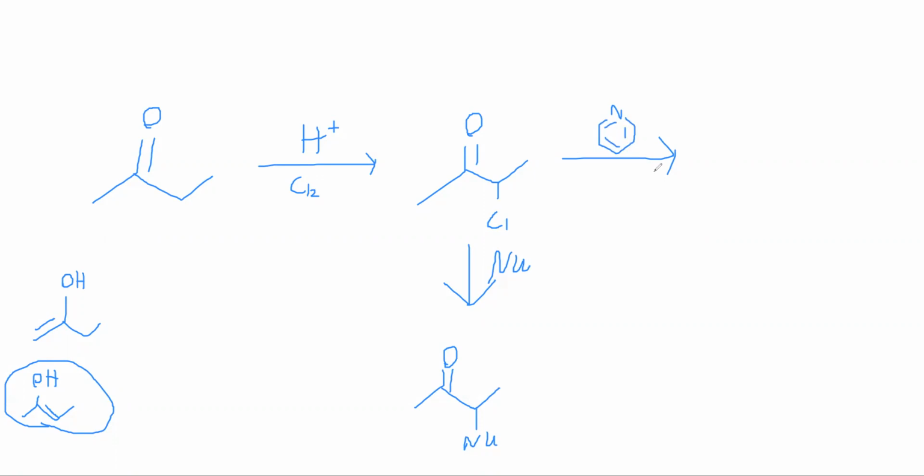But you have a base like pyridine, and that can do an E2 reaction to form a conjugated carbon-carbon double bond, and then you can do more stuff with that, like conjugate addition or Michael addition, as we'll see. There's a lot of things you can do once you add a halogen alpha to a carbonyl. So it's a pretty important step in some synthesis problems, and that's why you might want to be really comfortable with this idea. That's probably going to come up at least once, because then it can lead to a lot of possibilities.